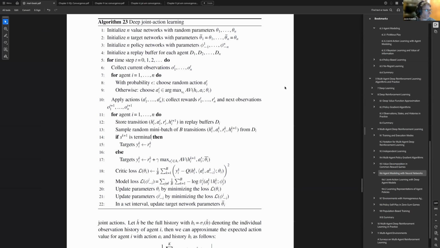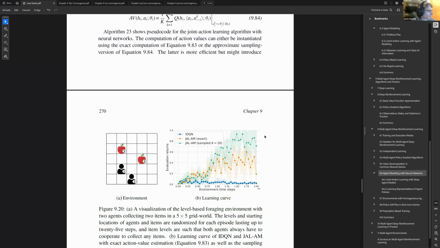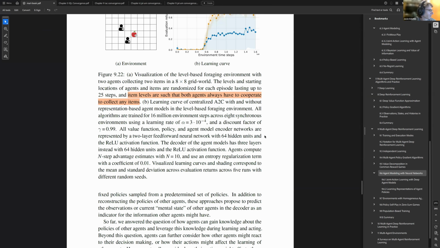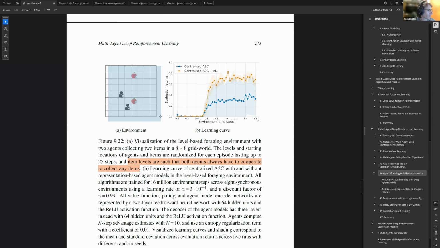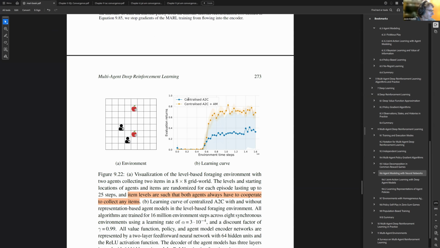I believe if you look at the book, it's a little later. Oh yeah, they have this. So actually, this problem is the same as the one I just showed. This is jumping ahead a little, but we talked about this actor critic algorithm. So when they train this actor critic algorithm here, this means it is learning to coordinate to some extent because every item here requires coordination, just like the one I showed.